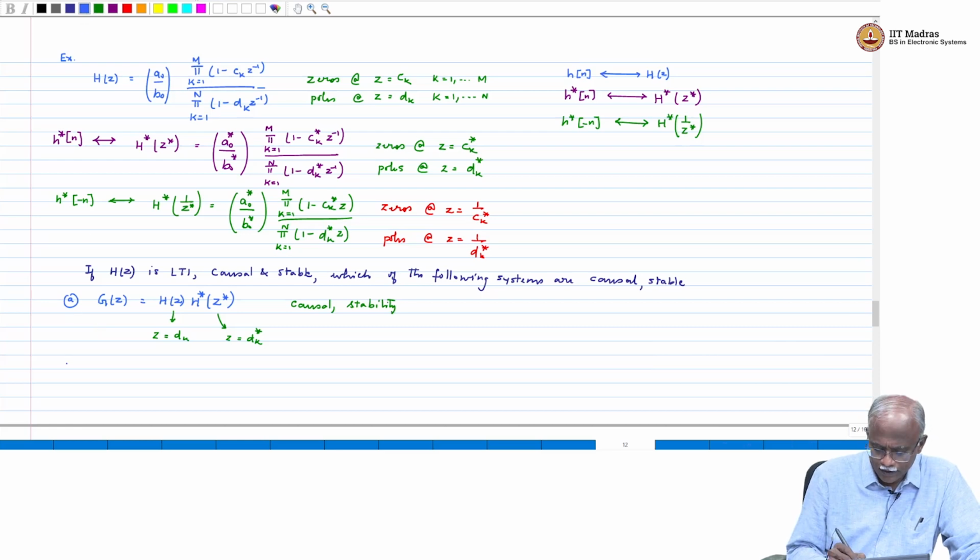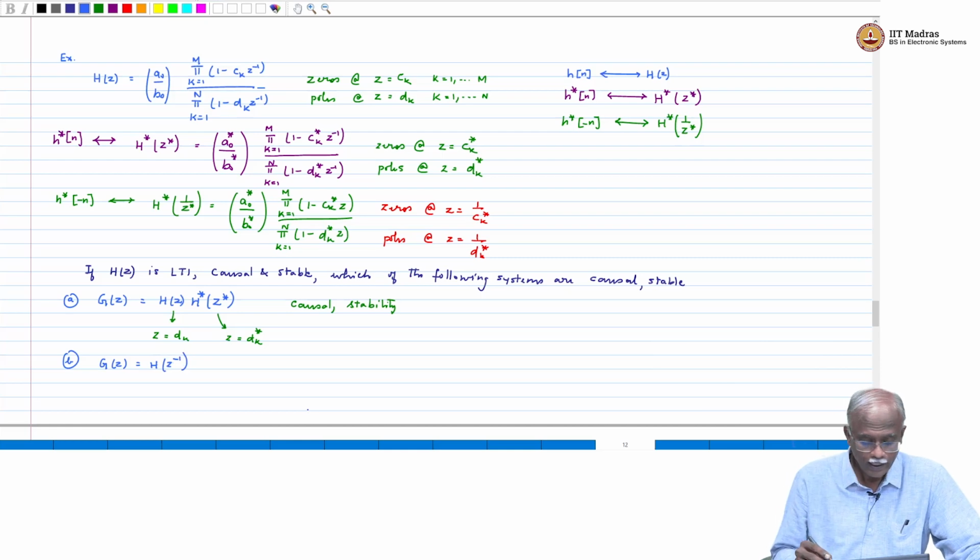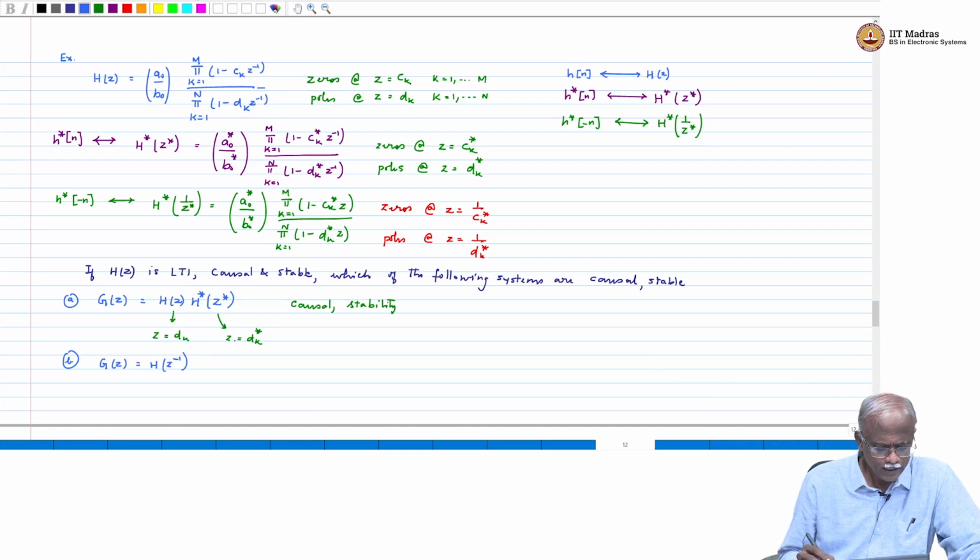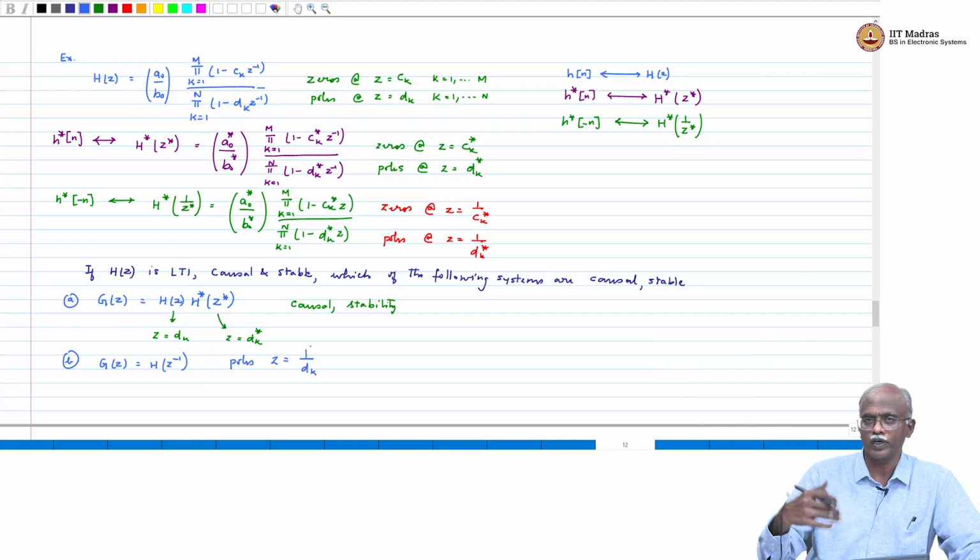Okay, second term, g of z is equal to h of z inverse. Which then says that the poles are at z equal to 1 by dk, reciprocal.